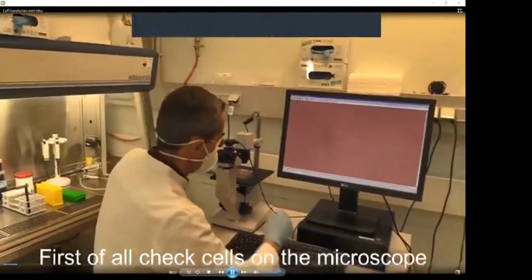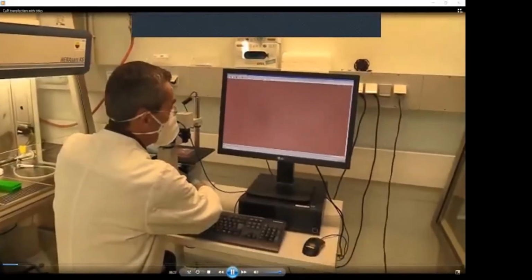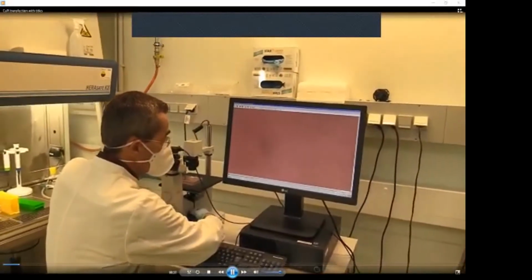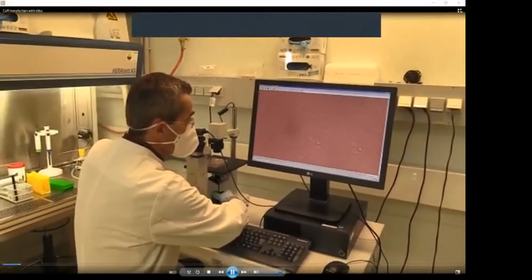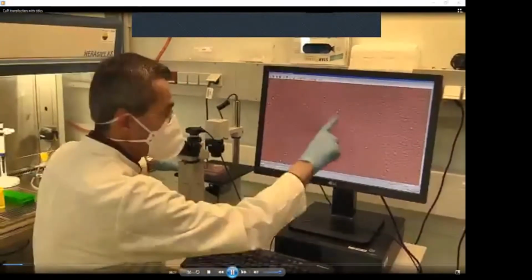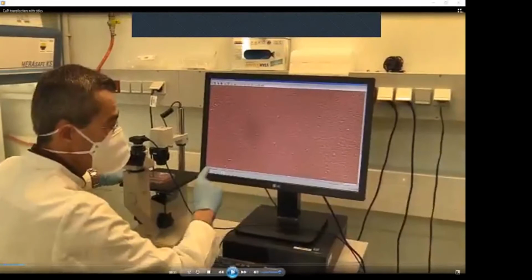You have to have a look at several wells of your dish in order to be sure that the wells are even, that not depending on your treatment, everything will be the same. So what you see here is that, for instance, this particular well is quite confluent, but it is not completely dense.